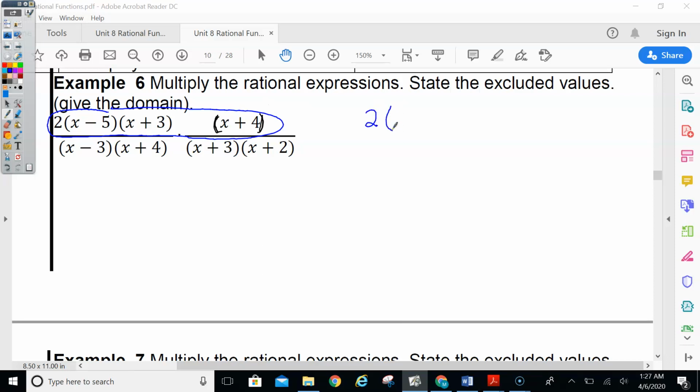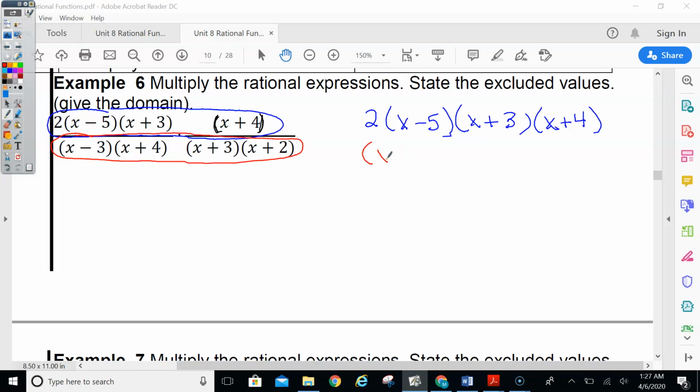So 2, x minus 5, x plus 3, and then x plus 4. All the tops, top times top, and all the bottom parts together: x minus 3, x plus 4, x plus 3, x plus 2, all in the bottom. So now we have one big fraction.